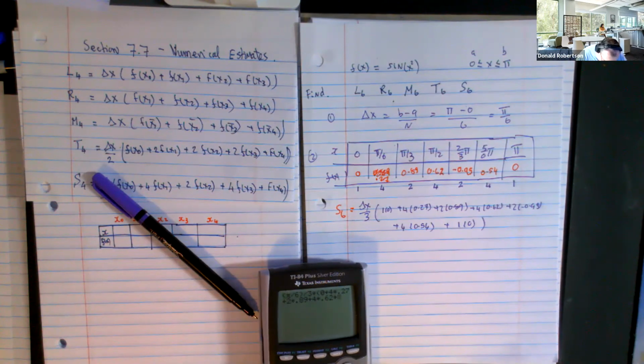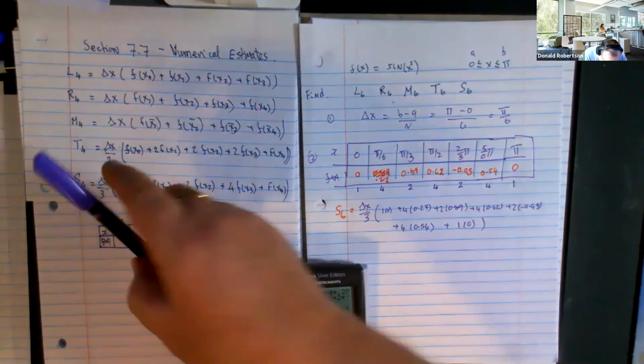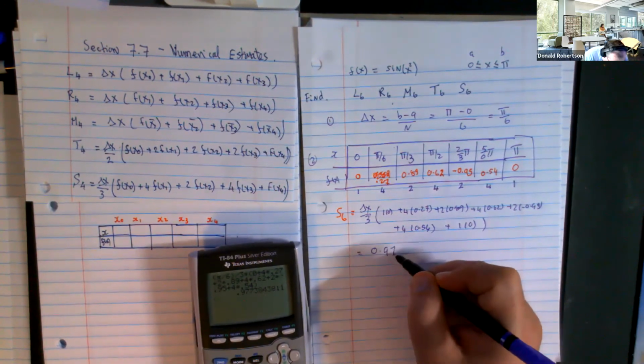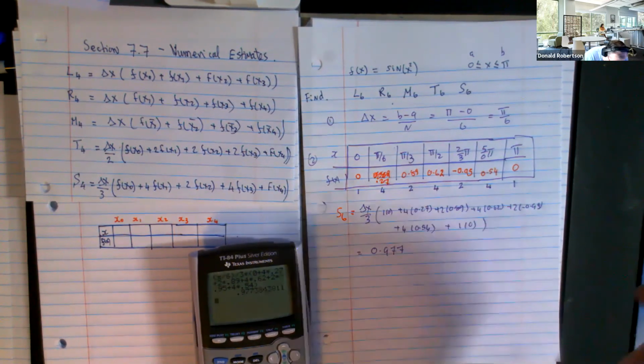Add 2 times the next guy, which is negative. Add 4 times that guy, and finish with 0, which I won't bother with because it's 0. And I am looking at 0.977 and all of the other stuff.